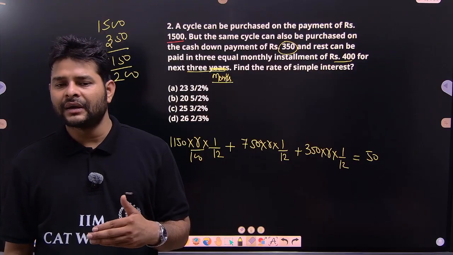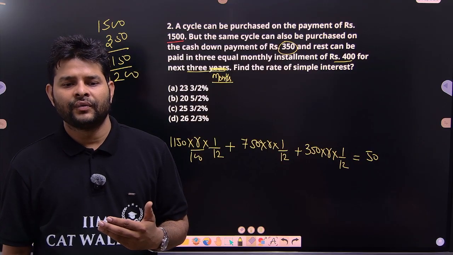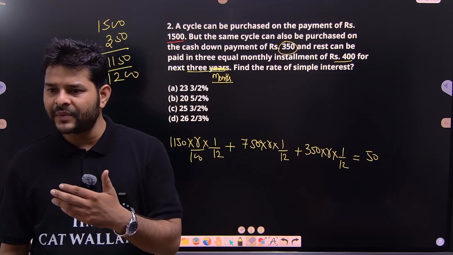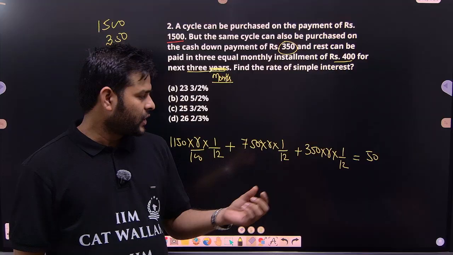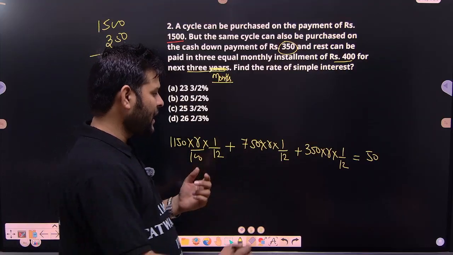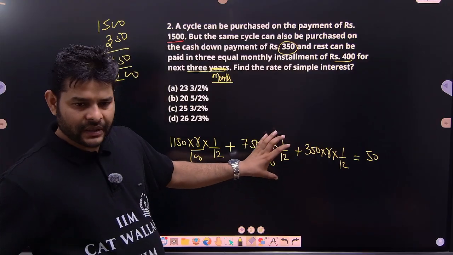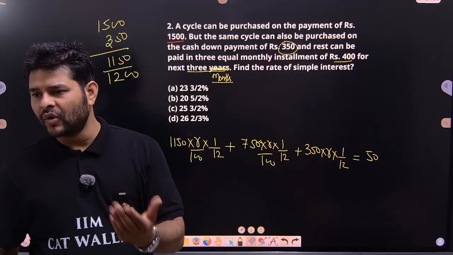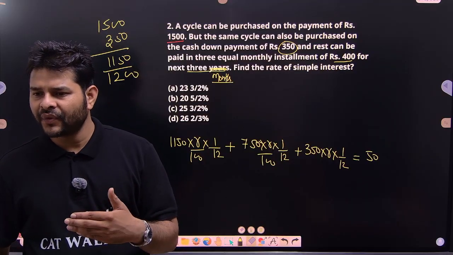I have already paid how much? 400 I have already paid in the form of installment. So now I need to pay on 750. On this 750 with the rate of R percent for the 1 month, that would be the simple interest. Again I go at the end of the second month and I pay 400 more.